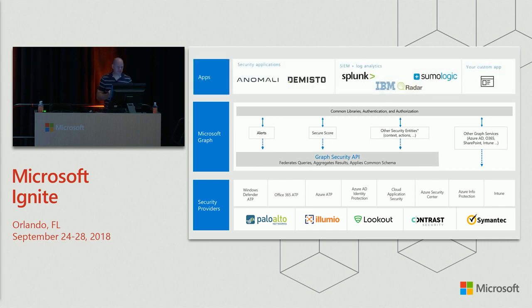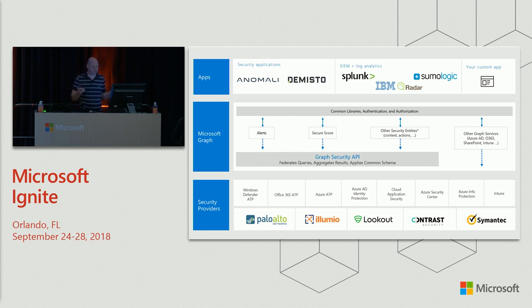So because this is Microsoft Graph, we use common libraries, common authentication. So you authenticate once to the graph, you have access to everything in it. So that makes it super easy. Common SDKs for everything. These folks up top are building client applications that are using this API already. So Anomaly is pulling in alerts from this API and enriching it with their threat intelligence.